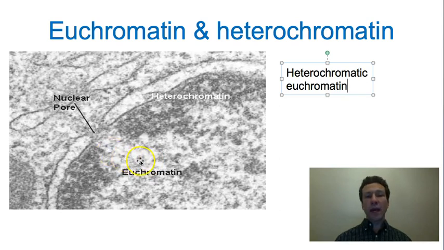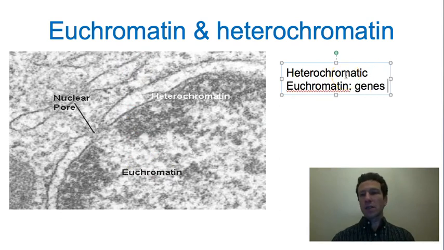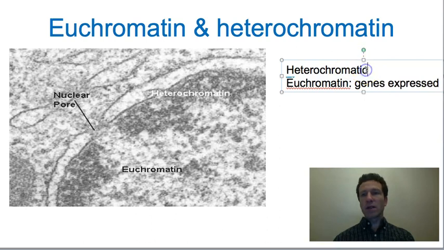And so we can get RNA that gets sent out into the cytoplasm where ribosomes will use the information as code to know what kind of proteins to make. So euchromatin has its genes expressed. Expressed means made into proteins. Heterochromatin is not expressed.